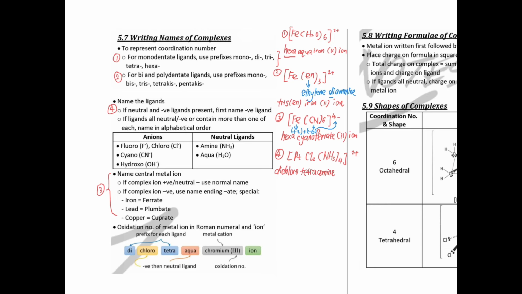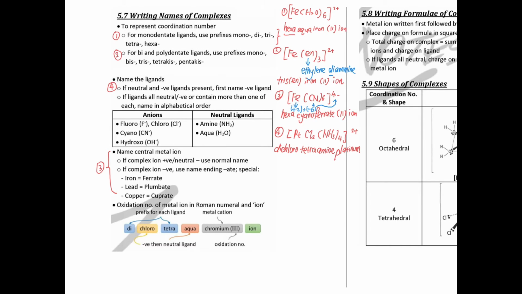Okay, now the platinum. So this is a positive complex ion. We can use platinum. Or else, if it is a negative ion, we have to use platinate. So this is platinum then. Okay. So after that, you have to figure out what oxidation state platinum is. So I just do a quick calculation for you. This is -2 because for chloride, each chloride takes -1.